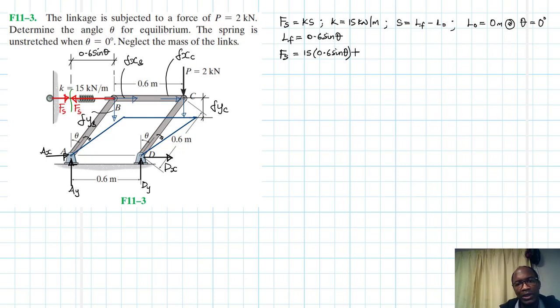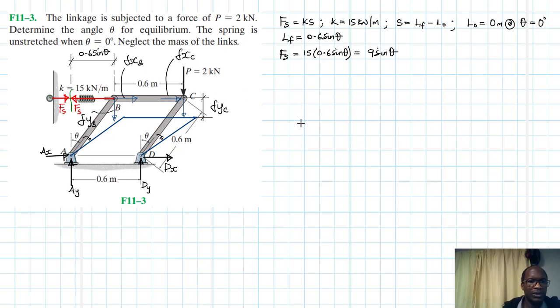So this just becomes like this, and then we multiply this 15 by 0.6. This gives us a 9 sine theta, right? So that is our Fs.